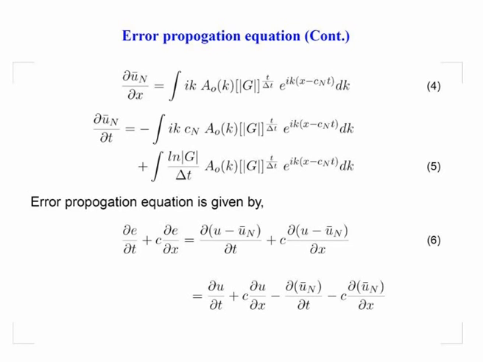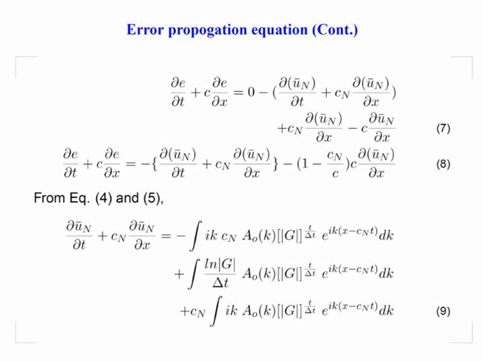So, what I find is that the error dynamics is not homogeneous like what we expected, with the right hand side equal to 0, but it is determined by this quantity, right, how the numerical solution is going to be. It is such a simple observation. Now, if that is so, what I could do is, it is just simple jugglery here, I have added and subtracted this term, so that we have del u n del t minus c del u n del x.